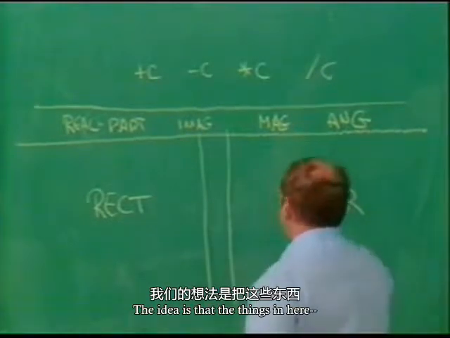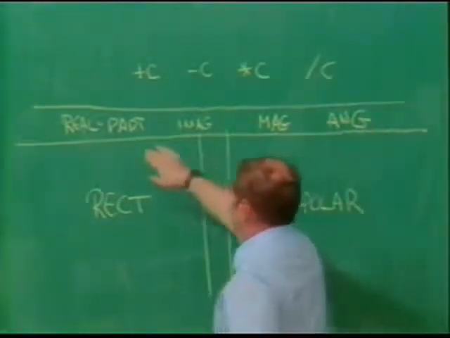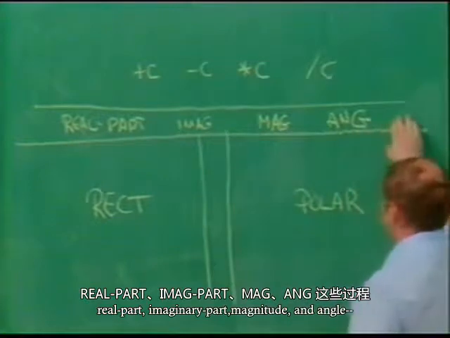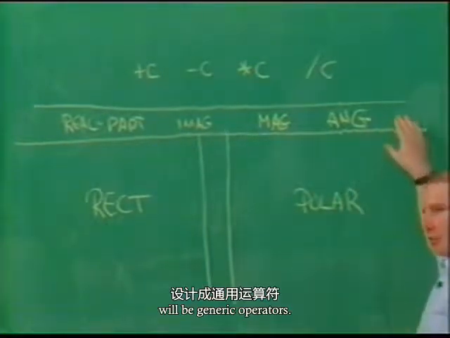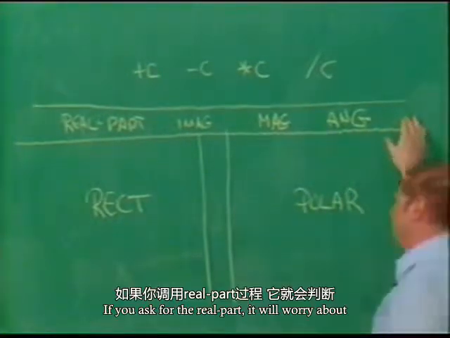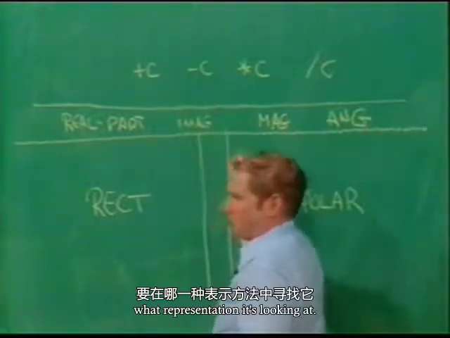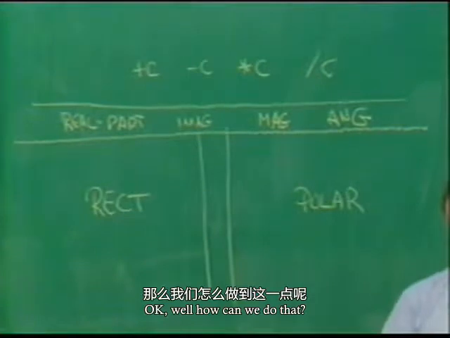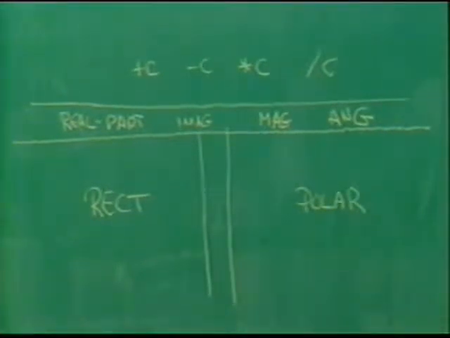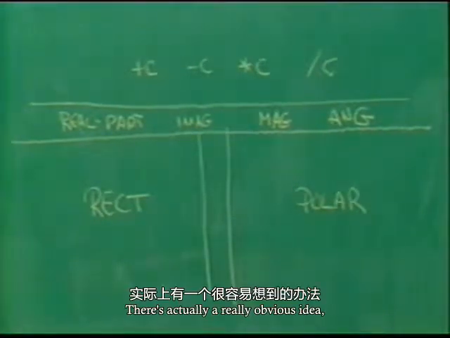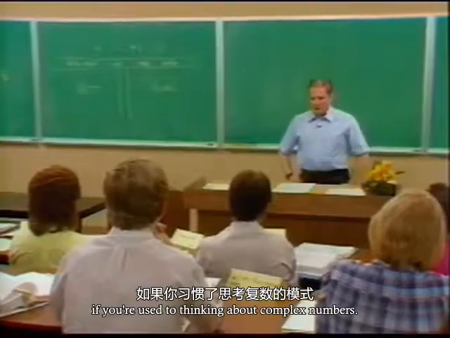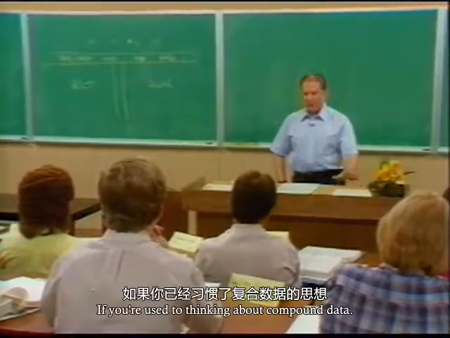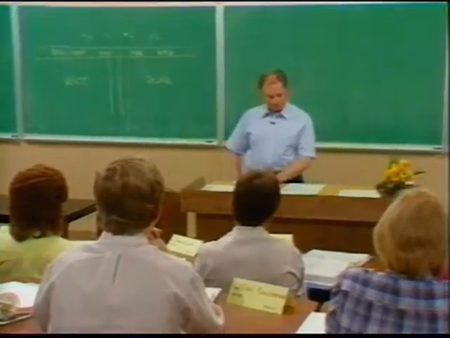And the idea is that the things in here, real part, imaginary part, magnitude, and angle, will be generic operators. If you ask for the real part, it will worry about what representation it's looking at. Okay, well, how can we do that? There's actually a really obvious idea if you're used to thinking about compound data.